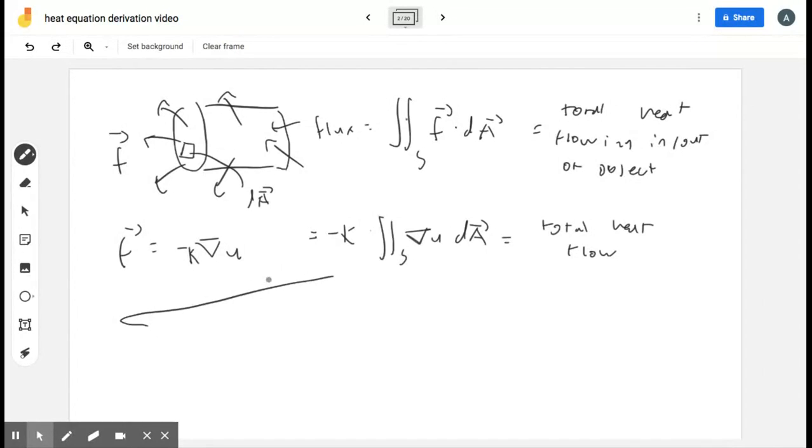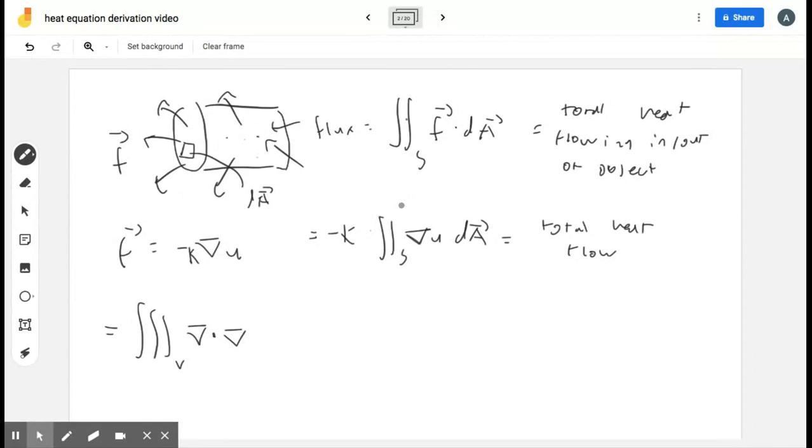we can rewrite this entire thing as a volume integral, right? And in order to do that, we can write it as a volume integral where we're summing up the divergence at every point everywhere within this material or object. So we can rewrite it as equal to the volume integral of the divergence of the gradient of u.